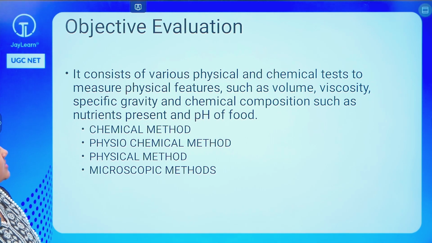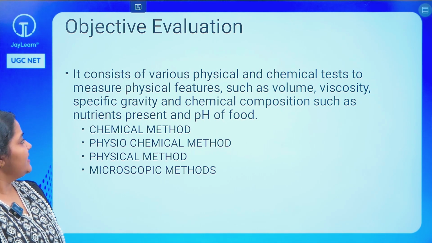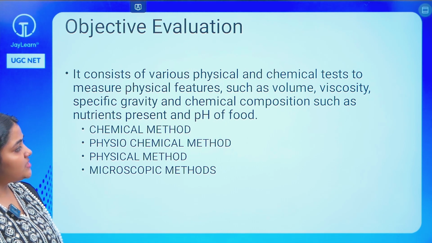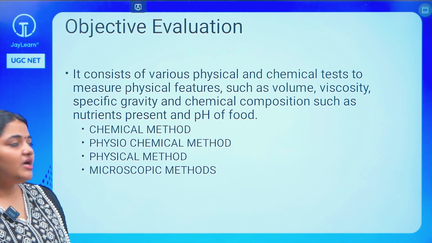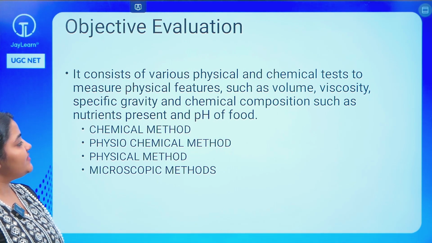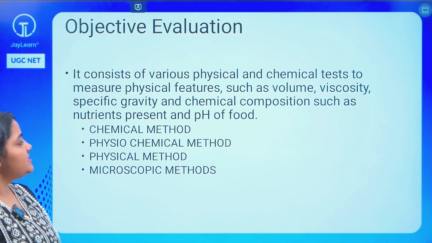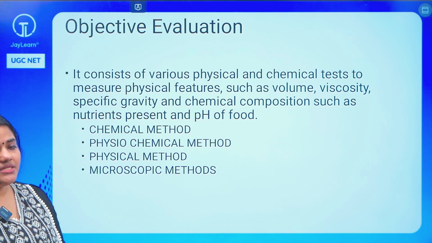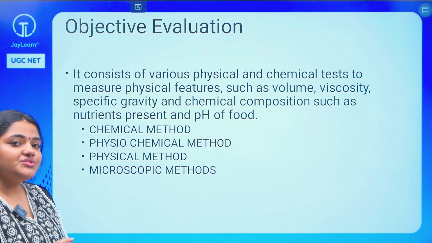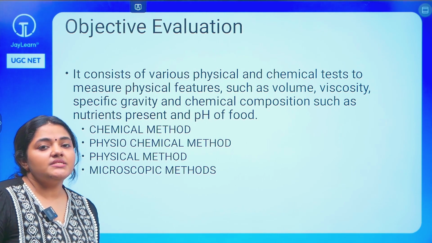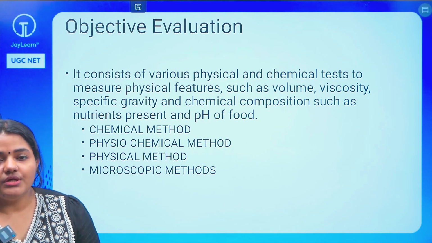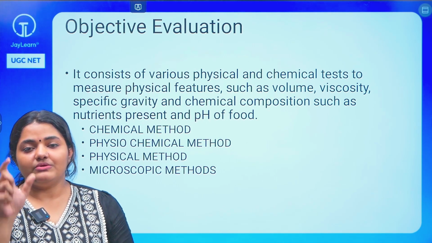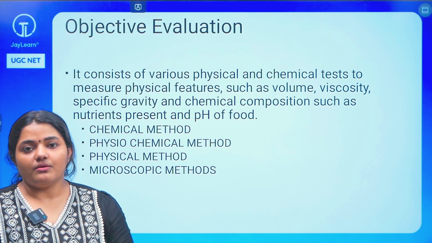Next one is objective evaluation. So it consists of various physical and chemical tests to measure physical features such as volume, viscosity, specific gravity, and chemical composition such as nutrients present and pH of the food. Most of the packaged food available in the market has the nutritive value calculation on the labels.